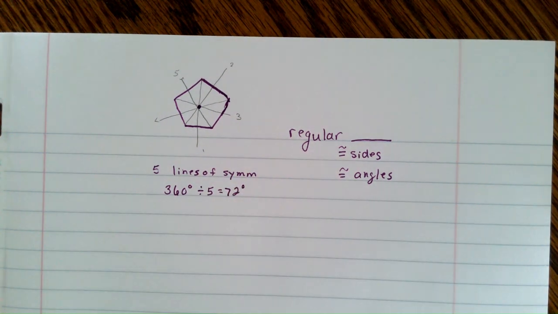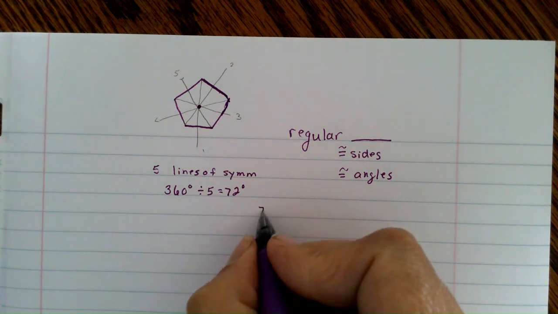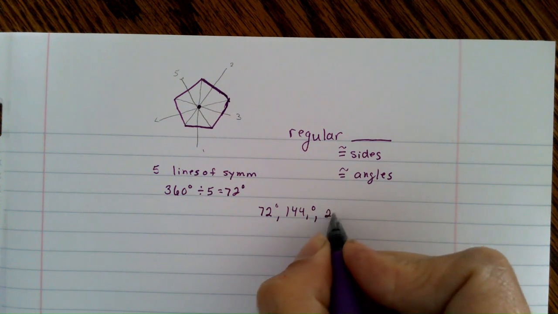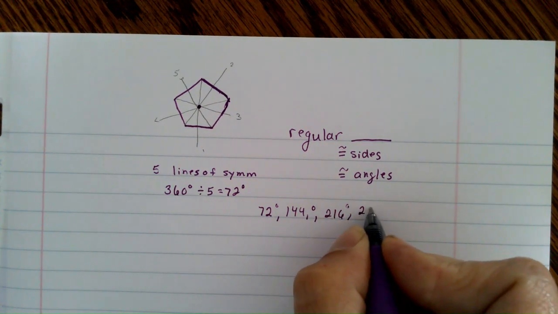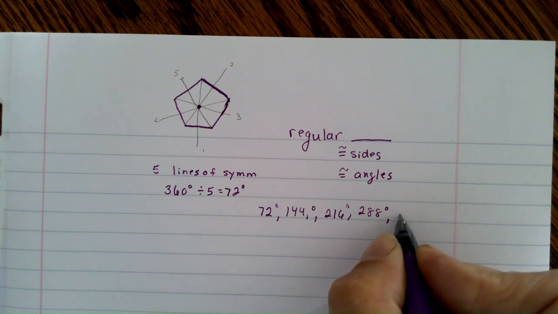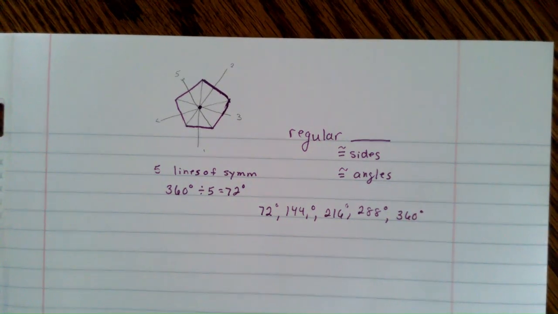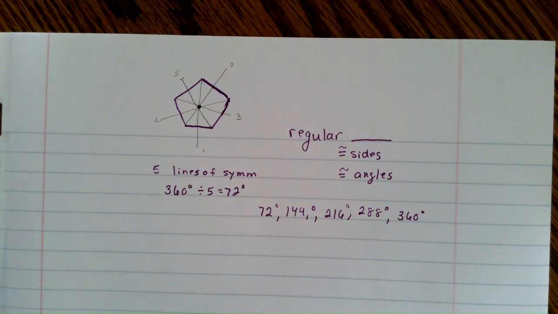So every 72 degrees of rotation, or 72, 144, 216, and 288, then we're back to 360, right? Every 72 degrees puts us at a symmetrical point. So we had 5 lines of symmetry and 5 angular rotational symmetries.